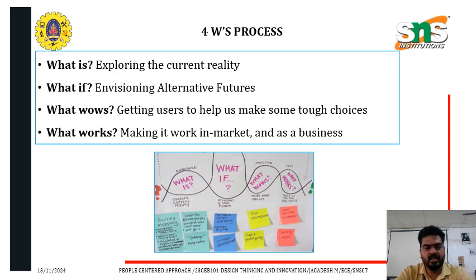Then what wows is getting users to help us make some tough choices. Then what works is making it work in the market and as a business. So these are the four W's we have to see.